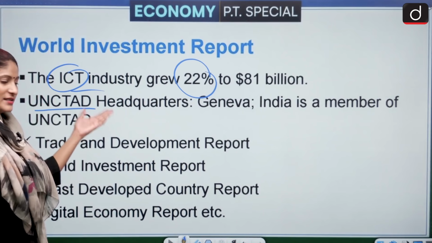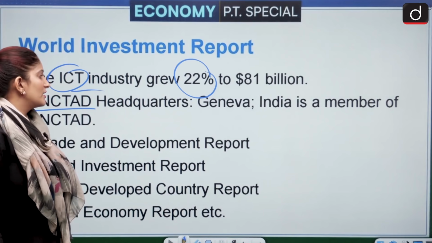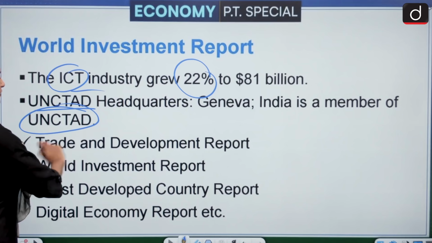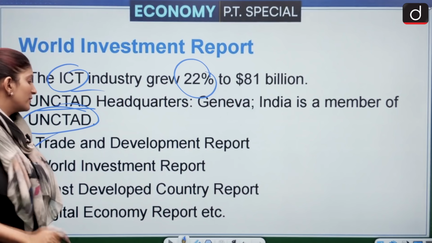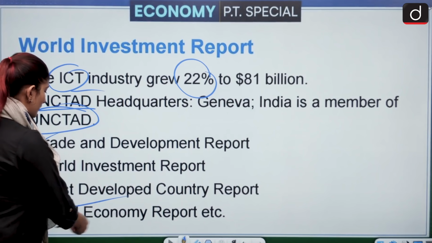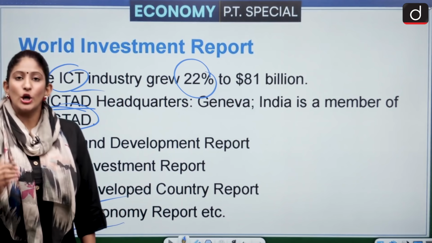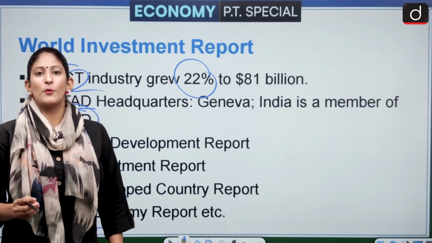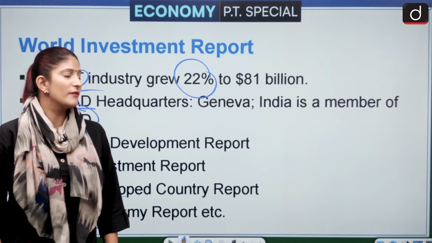And we have discussed the headquarters of UNCTAD. India is a member of UNCTAD. Trade and Development Report, World Investment Report, Least Developed Country Report, Digital Economy Report, Technology and Innovation Report, Commodity and Development Report, these are some of the reports of UNCTAD.